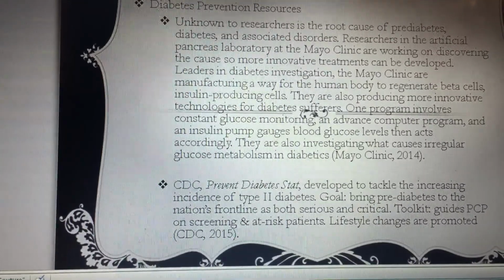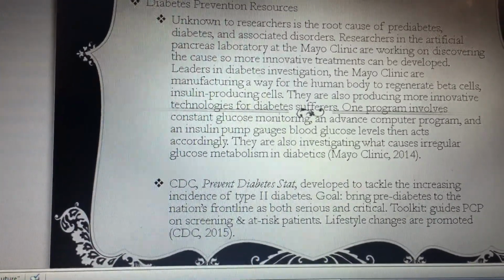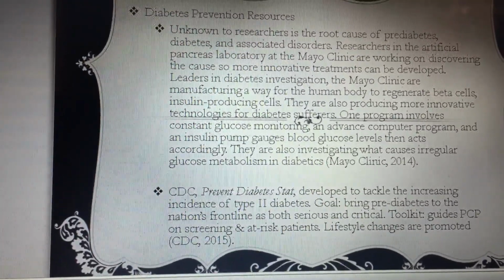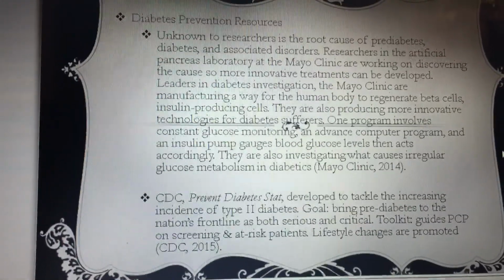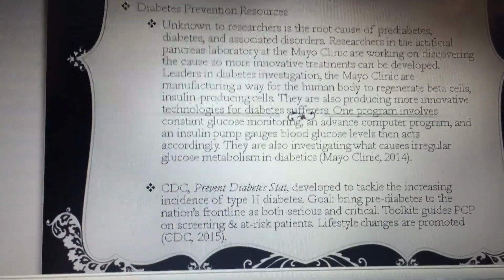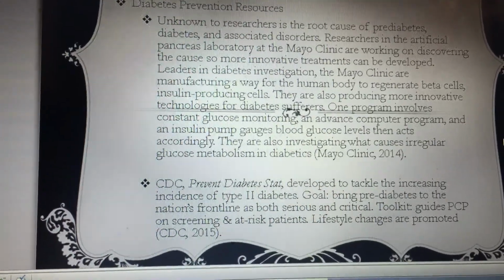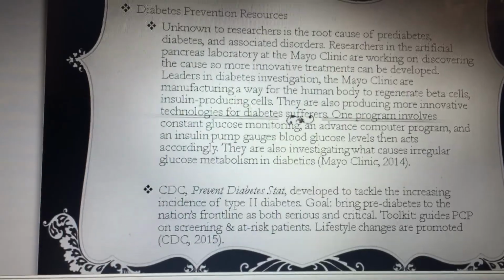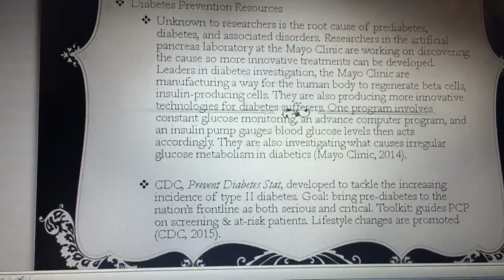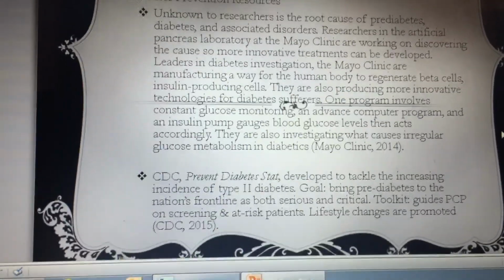They are also producing more innovative technologies for diabetes sufferers. One program involves constant glucose monitoring, which is a really cool advanced computer program. It's an insulin pump which gauges the blood glucose levels, then acts accordingly. They are investigating what causes irregular glucose metabolism in diabetics, so that's pretty neat.